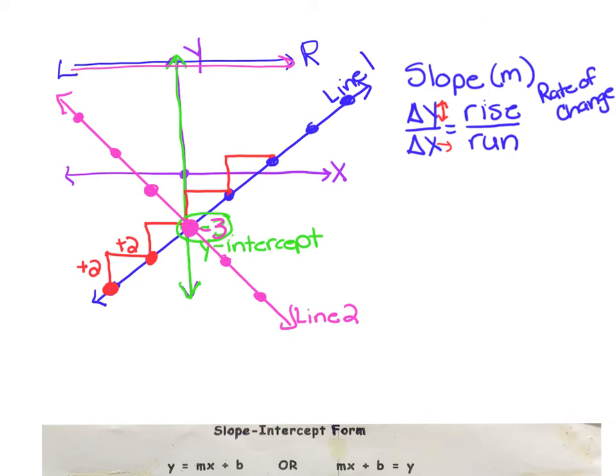So, in order to write an equation for this particular line, we're going to have to calculate the slope. Remember, we're going to use mx plus b equals y as we write the equation for this line. Well, we already know our intercept is a -3. That's true. But what about this slope?